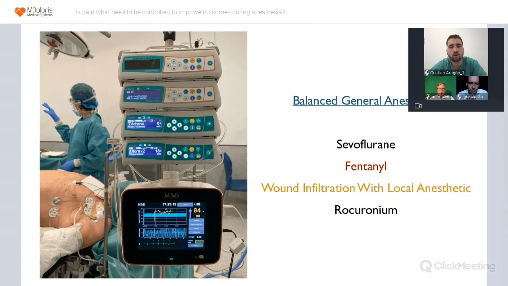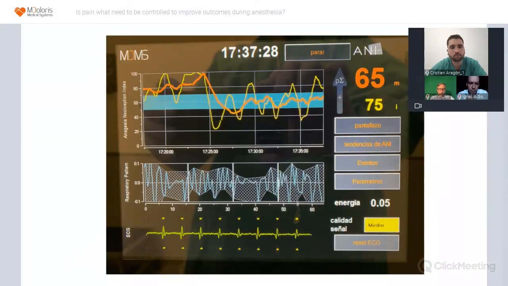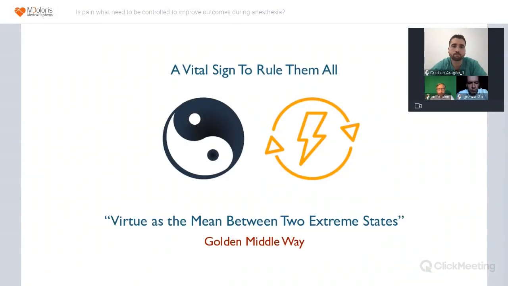In this case, I performed a balanced general anesthesia with low doses of analgesia, and we can see here, after the stimulation of the surgery, the ANI numbers decreased slightly, but the energy values did not increase. So in a total depletion and an awful prognosis, in fact, this patient died a few days after.